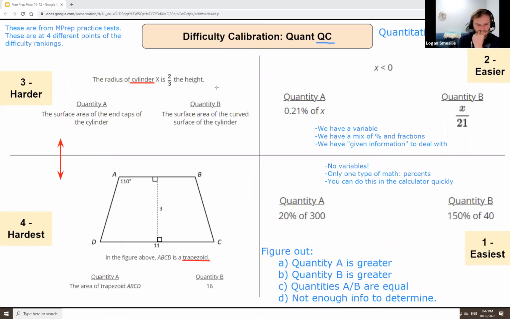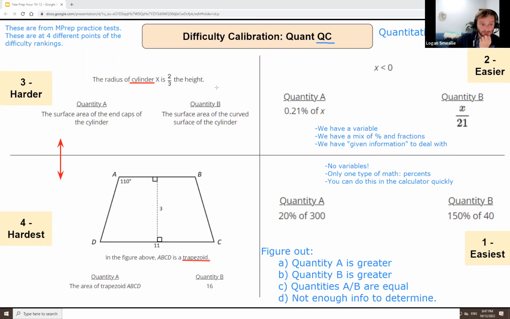What do you think? If that's hard to know, understood, because you could have studied for the GRE a while and not even necessarily run into cylinders and trapezoids much. I got a good note in the chat here. Someone mentioned making a guess.